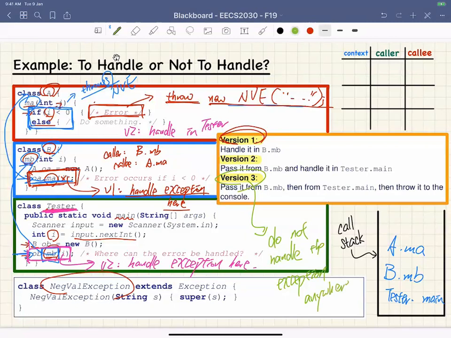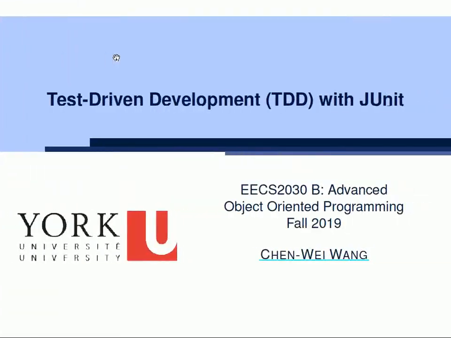It might be the easiest one to program because you will not see a single try and catch block. All you will see, besides every method, is throws that particular exception. Okay? So now let's have a look at the three versions and get a feel about how things might go. Let me go back to Eclipse and show you something very quickly.